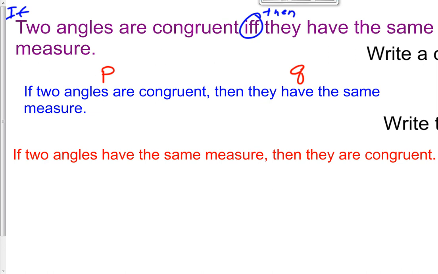If we talk about its truth value once again, if two angles are congruent, then they have the same measure. That's true. And if two angles have the same measure, then they are congruent. Also true. So is the biconditional also true? Yes. If the conditional and the converse are both true, the biconditional is true as well. Two angles are congruent if and only if they have the same measure.